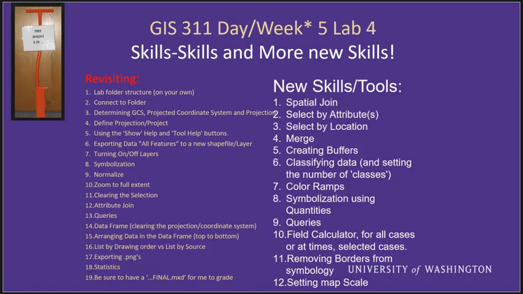Some of the new skills: spatial join will consist of joining spatial data to other spatial data based on their location on the globe, hence the term spatial. Select by attributes. You've done this previously, but new techniques will be shown in the demo video. Select by location. Selecting attributes based on their distance to or from or proximity to some other phenomena.